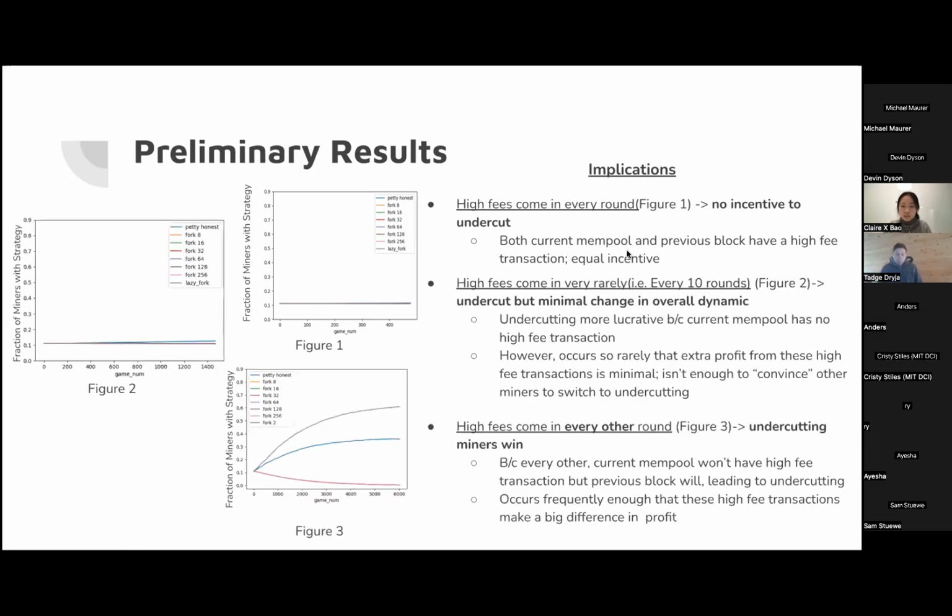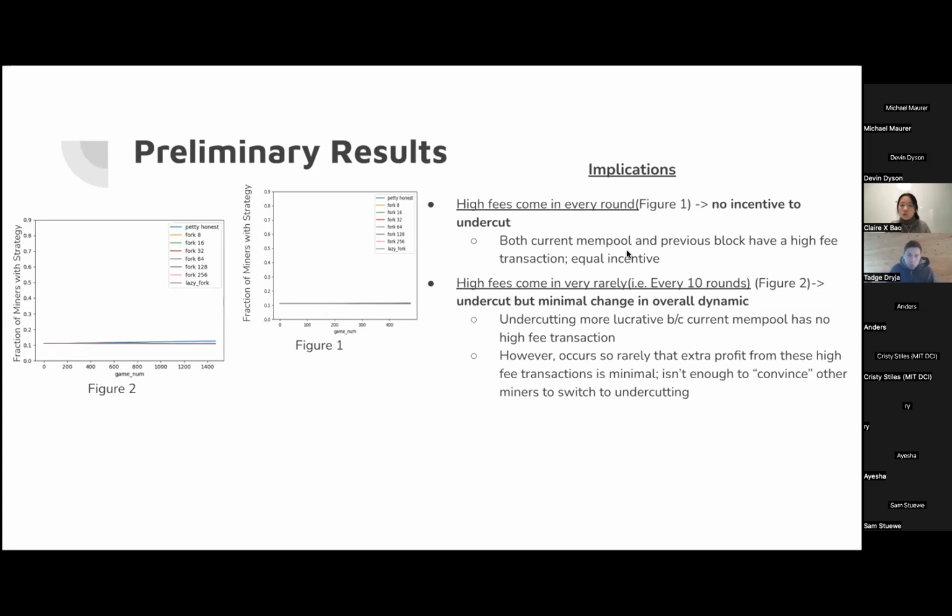Now, the second case is high fees come in very rarely. So rather than coming in every round, let's say they're super sparse, they only come in every 10 rounds. This is a really interesting dynamic in that, yes, these undercutting miners will undercut to get those high fees because it will match the most closely to the first example I showed. But because these high fees are so rare, the extra profit that we get from these fee transactions is minimal and not statistically significant enough to actually convince the other miners that undercutting is sufficiently more profitable over the long run.